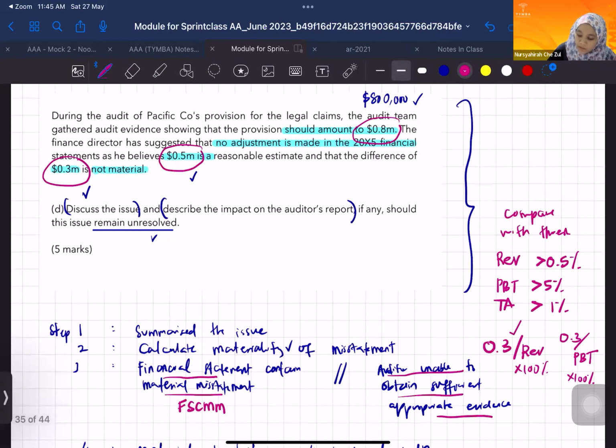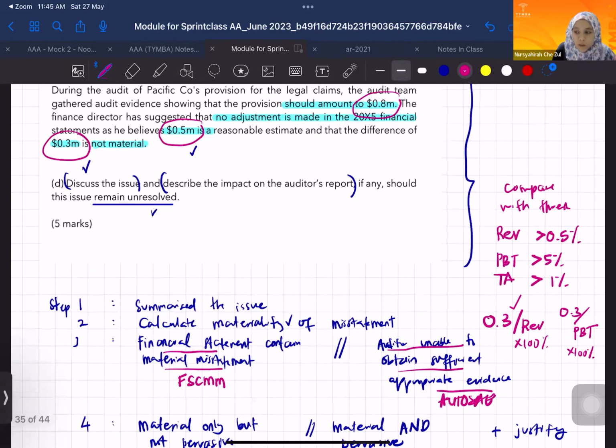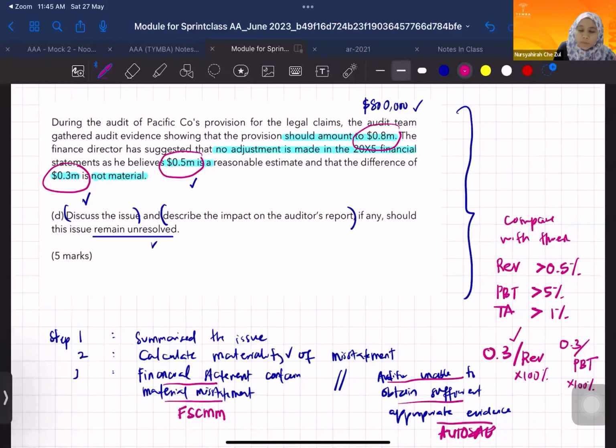They are going to say something like maybe management did not give permission to look into certain evidence, or maybe the company caught fire until evidence is not there. So you must know how to differentiate between these two issues. Is this an issue of FSCMM or an issue of auto say? Okay, so I think this one is quite obvious. This is an issue of FSCMM.